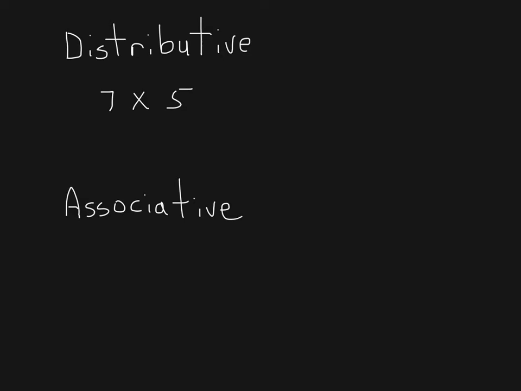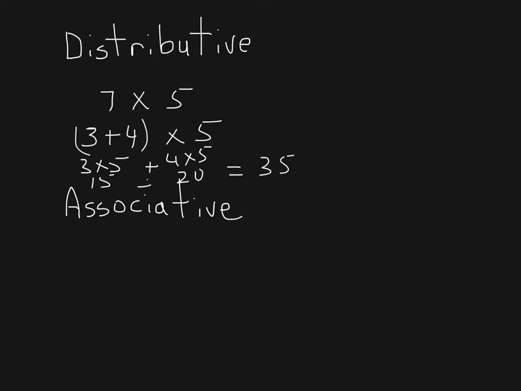Well, I can break my 7 apart and turn that into 3 plus 4, if I happen to have my 3s memorized and my 4s memorized. And 3 times 5 is going to be 15. And 4 times 5 will be 20, and if I add that 15 and 20 together, I'll get 35. And sure enough, if I know my basic fact, 7 times 5 is 35.